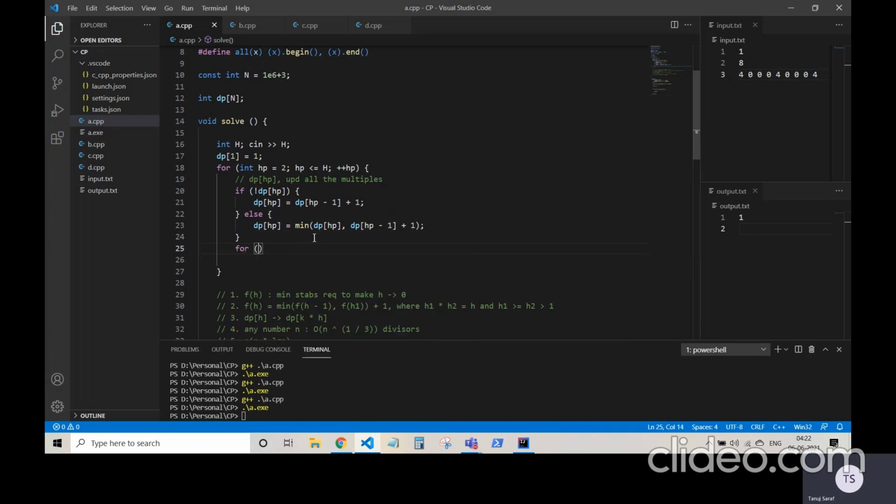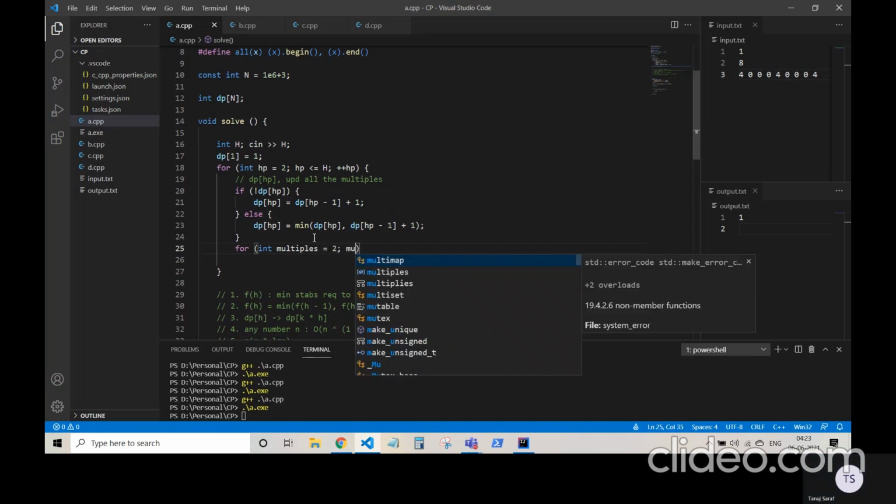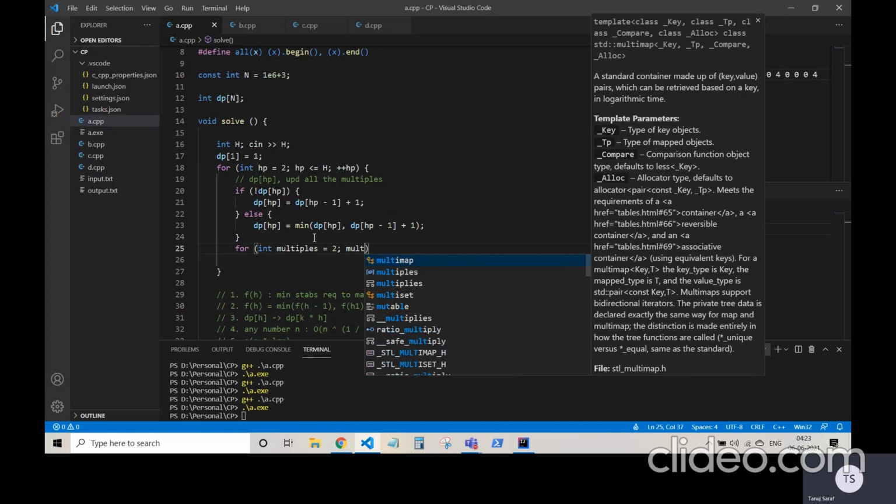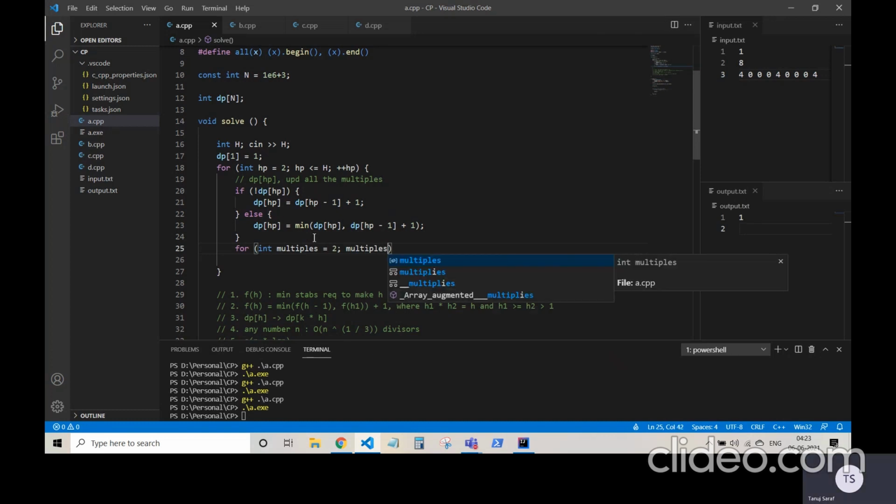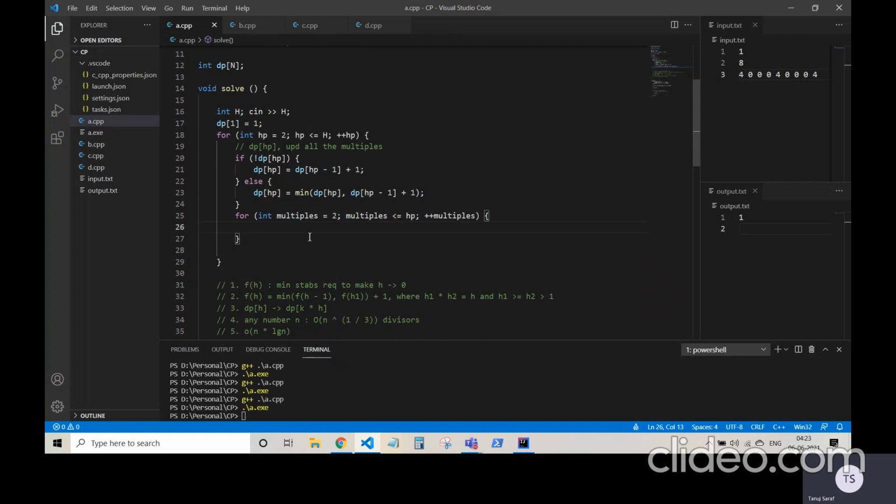Now I need to iterate over all the multiples. So let's iterate over the multiples. We know that this multiple would only go till this particular value. Why is that?